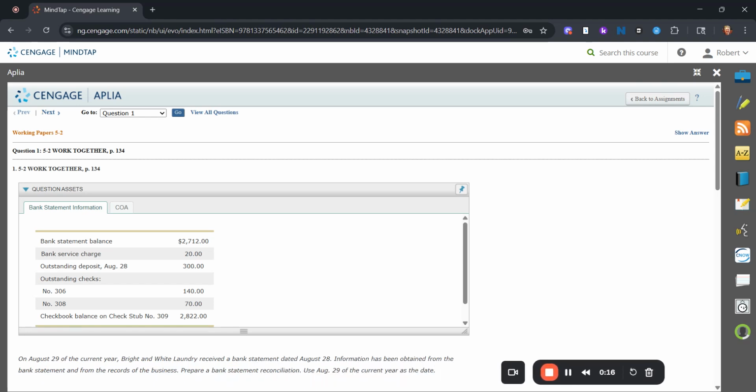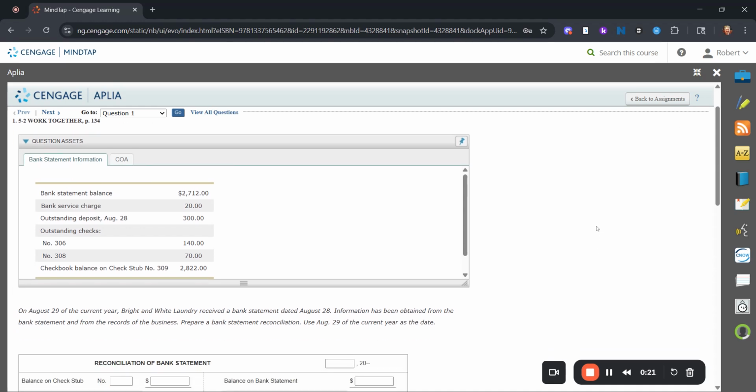In the 5-2, we're going to use a checking account reconciliation form, which is going to show how to match up the statement that comes from the bank to the current checking account balance, to make sure that what your personal records show matches the balance on the bank statement.